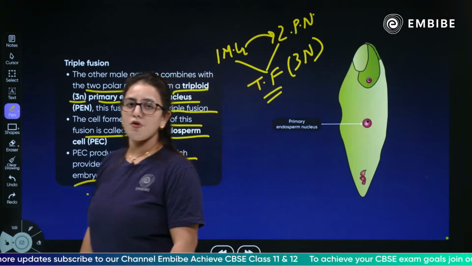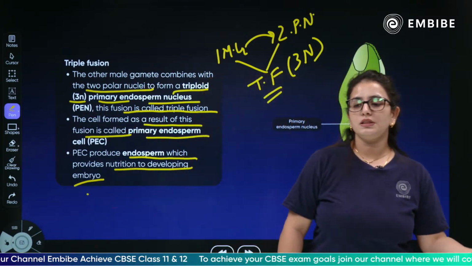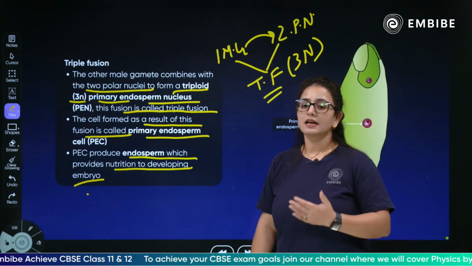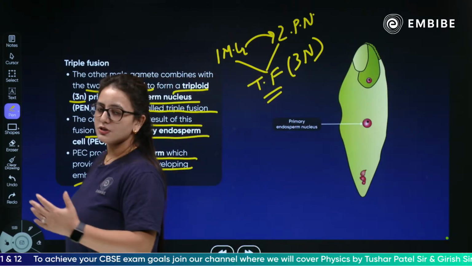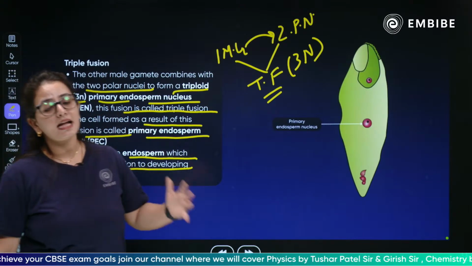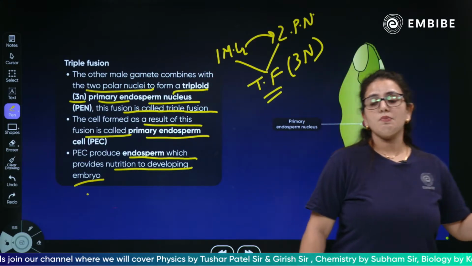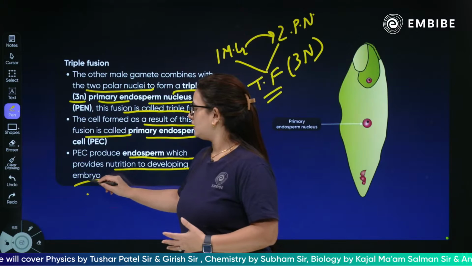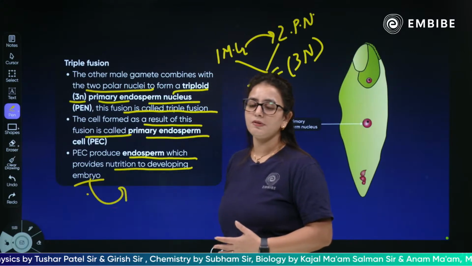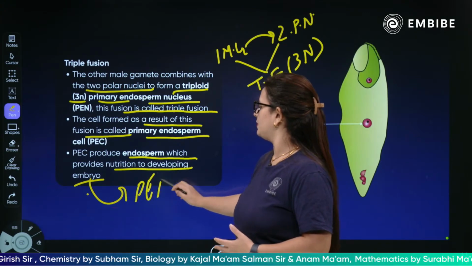How will the embryo be formed? After one male gamete fuses with the egg cell, it converts into a zygote, and eventually the zygote develops into an embryo. Once the embryo is formed, the nourishment comes from the PEN, which is the endosperm.